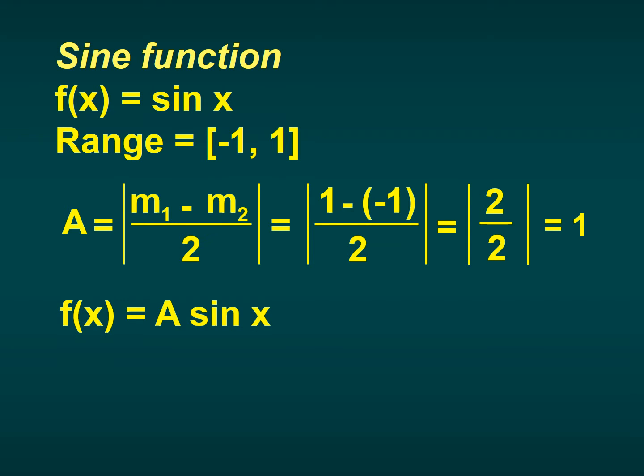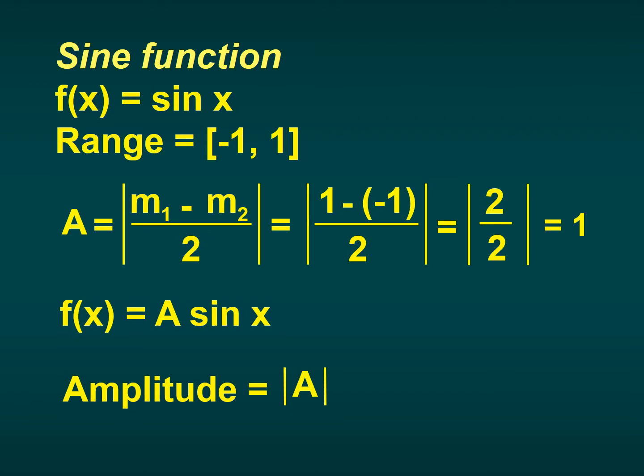So notice that the graph of f of x equals sine of x doesn't have a number in front of it. It doesn't have an A value, unless you consider, well, there's technically a 1 in front of sine of x, because 1 times sine of x is just sine of x, which makes sense since the amplitude of f of x equals sine of x, we just calculated to be 1.